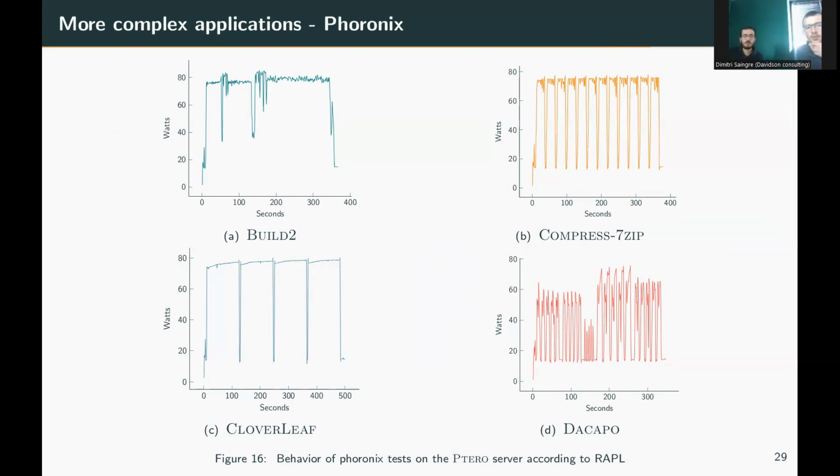What is important to see here is that Cloverleaf is an application with 4 stable phases, Build 2 has 2 relatively stable phases, Compress has 12 of them, and Da Capo has a surge of consumption.